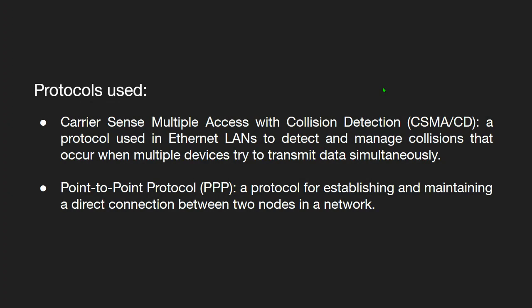The first one, which is a very important one, is Carrier Sense Multiple Access with Collision Detection, CSMA/CD, which is a protocol used in Ethernet LANs to detect and manage collisions that occur during data transmission when multiple devices try to send data at the same time. The next one is the Point-to-Point Protocol, which is used for establishing and maintaining a direct connection between two nodes in a network.